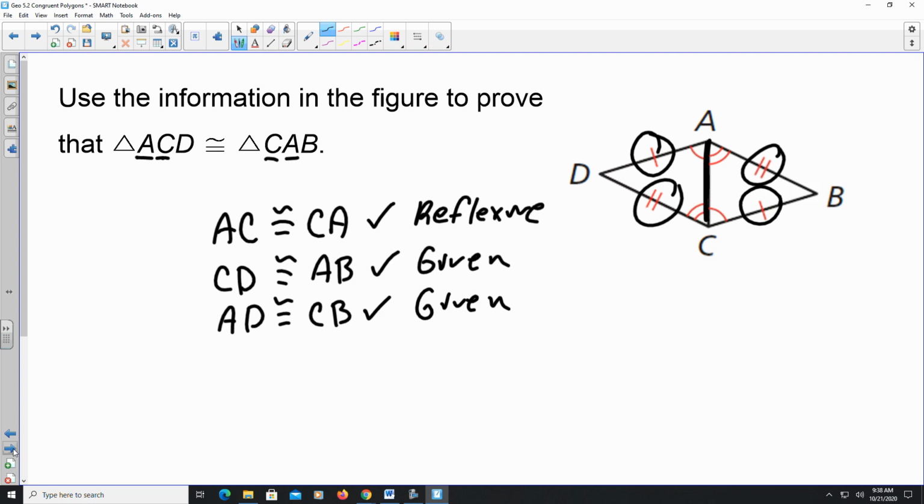So all three corresponding sides are congruent. You can even look at the angles: C on this side, A on that side, and then the third angle theorem gives you D and B. But I just did the corresponding sides, so that works out. So yes, triangle ACD is congruent to triangle CAB.